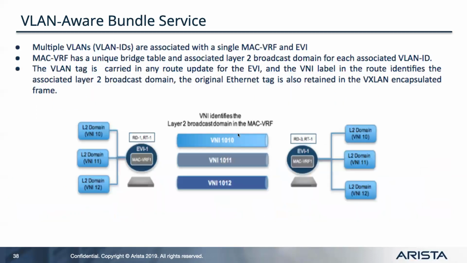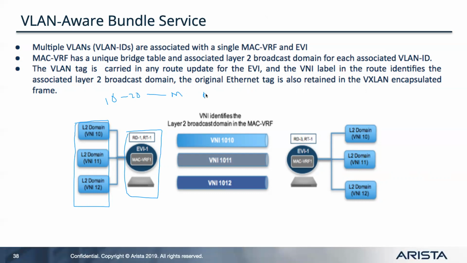Okay, so next is VLAN aware bundle service. In this, for all the VLANs, it is the same MAC VRF, one MAC VRF. Or you can have VLAN 10 to 20, that is 10, 11, 12, 13, and for VLAN 10 to 20 you can have one MAC VRF.